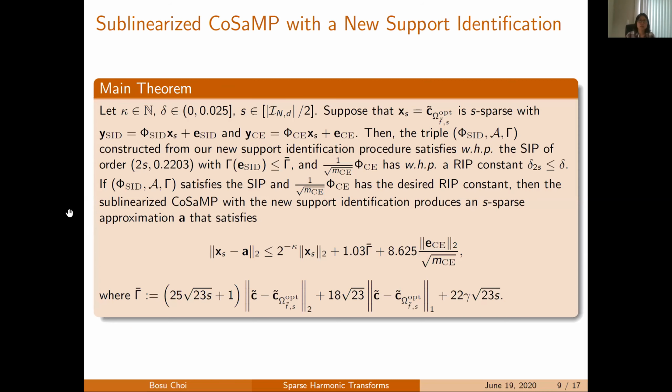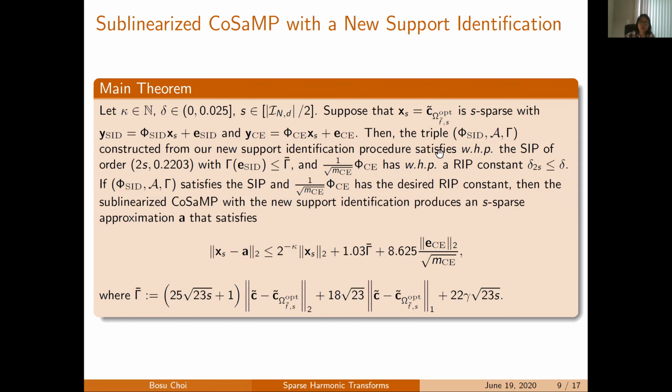So we built a specific sublinear-time support identification. And for that support identification, that gives this triple phi SID, A and gamma, which satisfy the SIP with high probability, and also this phi CE satisfy the RIP with high probability.